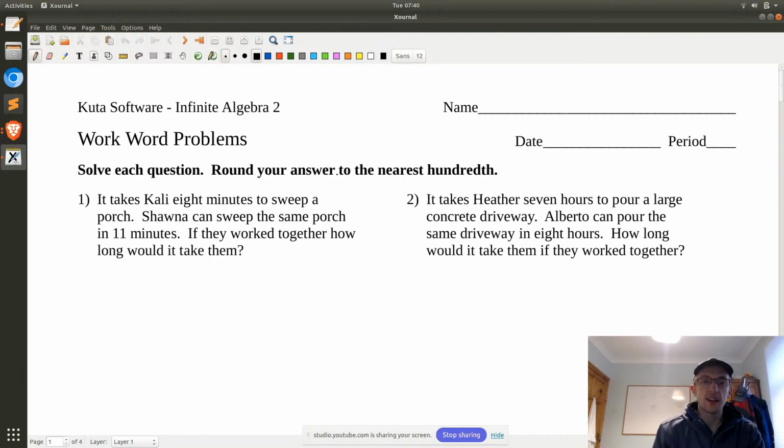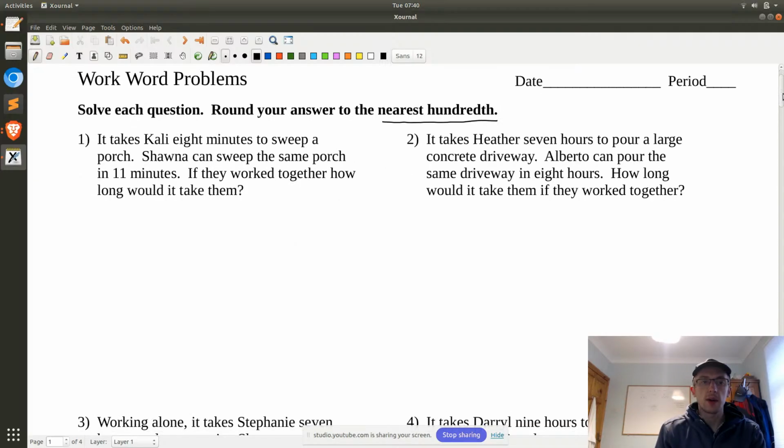I guess that's it. Solve each question, round your answer to the nearest hundredth. To the nearest hundredth. That's very important. A lot of people ignore this, the accuracy demands, and they go too far or not far enough. But we're going to get it, we're going to do it right.